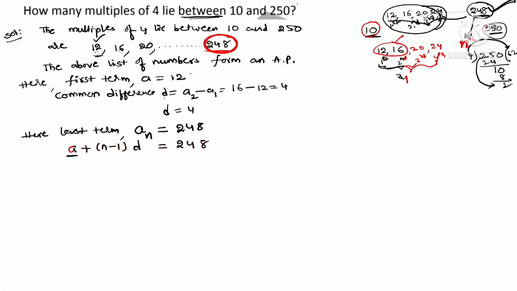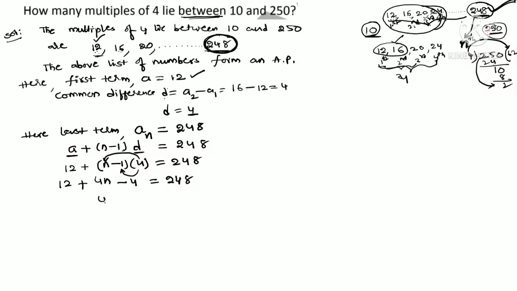What is meant by a? a is 12 plus n value we don't know, so that is why (n minus 1) into d. d is what? 4, is equal to 248. 12 plus 4 into n is 4n. 4 into minus 1 is minus 4, is equal to 248. 4n, and 12 minus 4 is plus 8, is equal to 248.